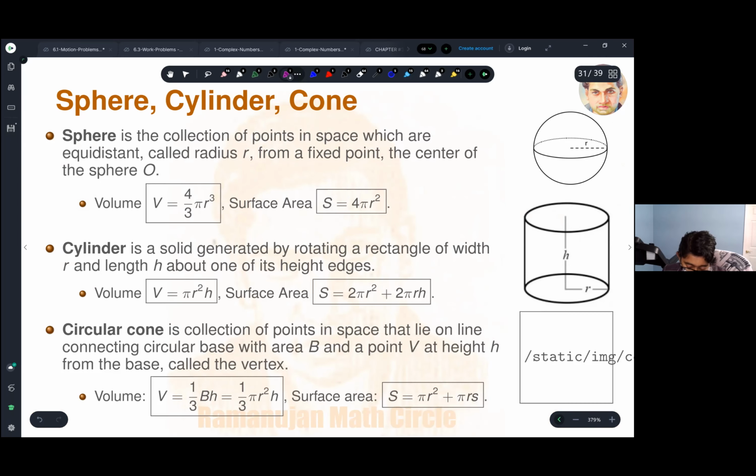And lastly, a circular cone. The image didn't show up properly, but it looks like this. That's how a cone looks. And just so we have things looking good, I'm going to redraw this cone right in this box.